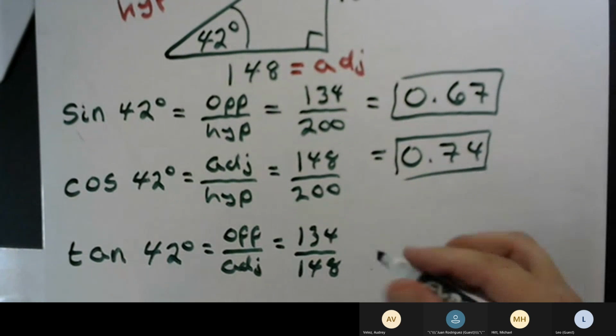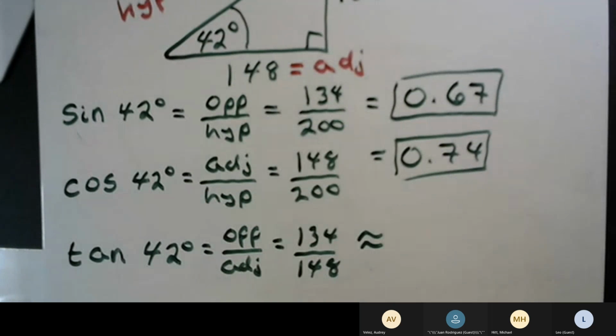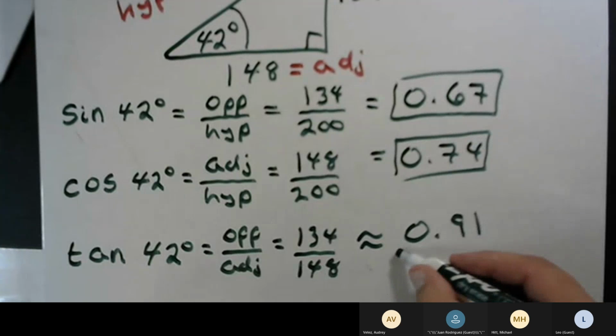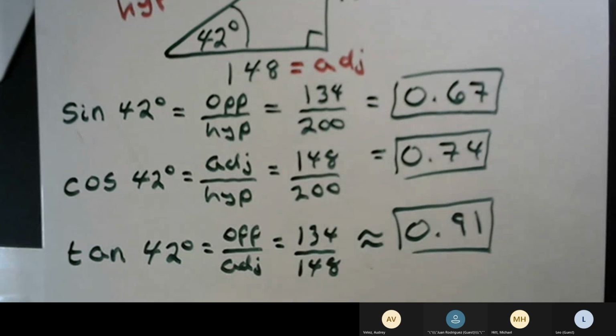Now this one I am going to round. It comes out approximately 0.91. Questions about that?